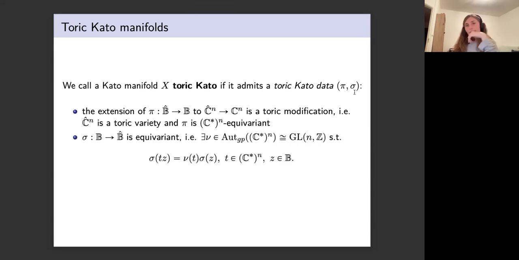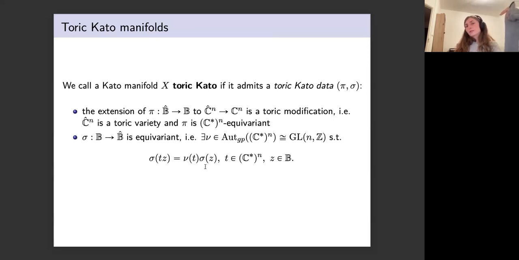And then to sigma, so to the embedding, you will ask that it is also equivariant, but in a bit weaker sense. So not just equivariant directly with respect to the torus action, but you will ask that there is an automorphism nu of the torus, so that when you plug in an element of the torus inside of sigma, what comes out is nu of this element times sigma.